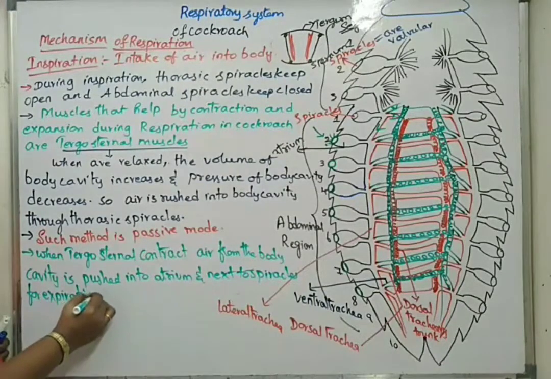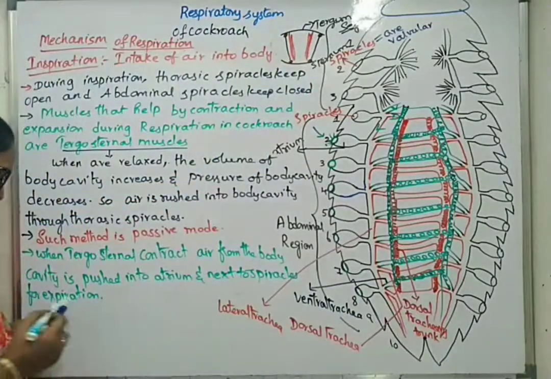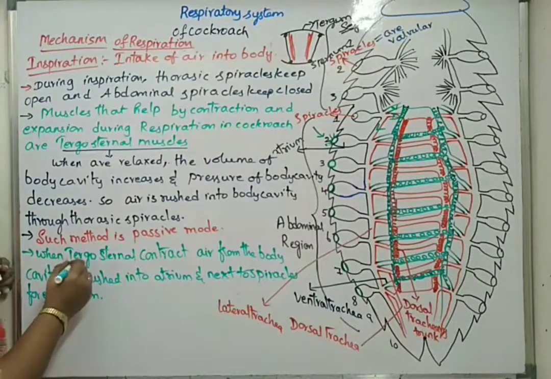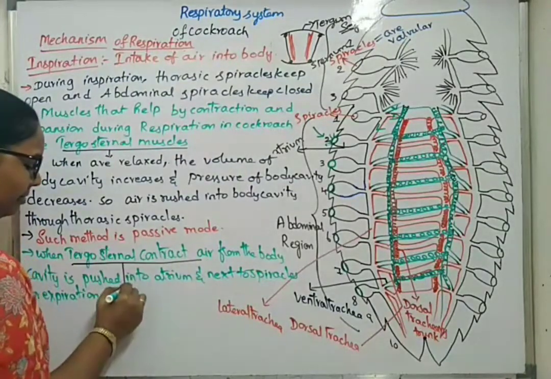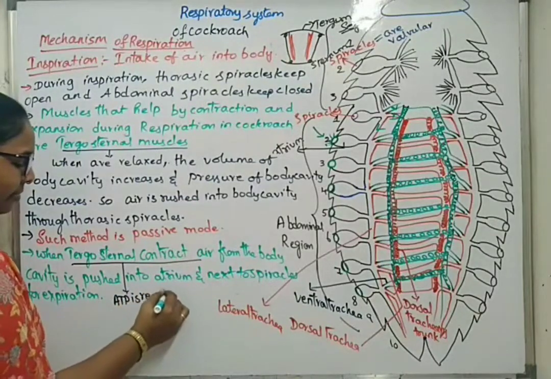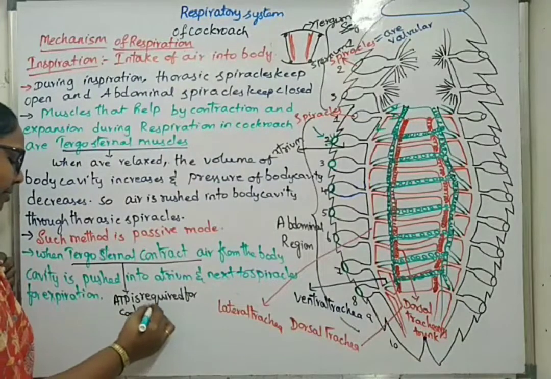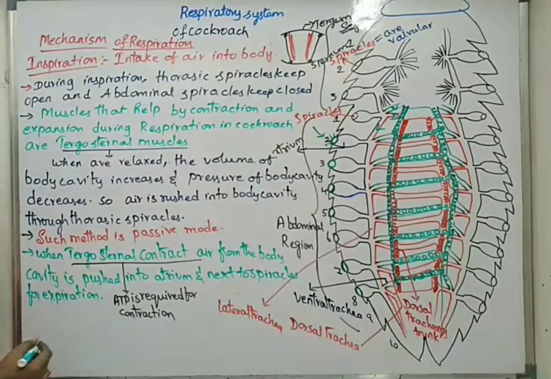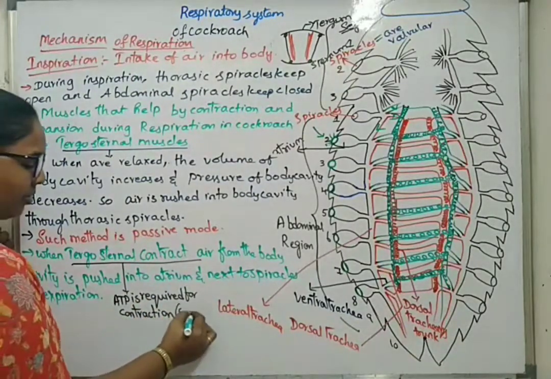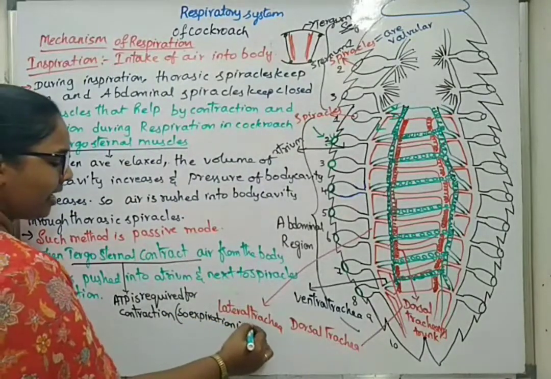Here, for contraction of tergosternal muscles, energy is required. So it is active process. ATP is required for contraction. So expiration is active process.